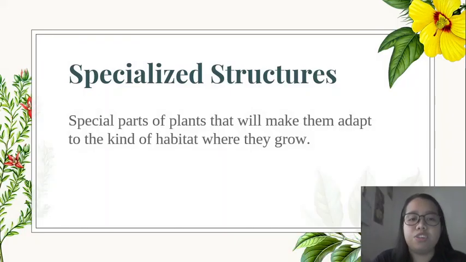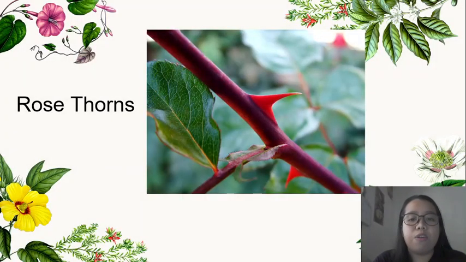And we have specialized structures, special parts of plants that make them adapt to the kind of habitat where they grow. An example of specialized structures is the thorns of the rose.